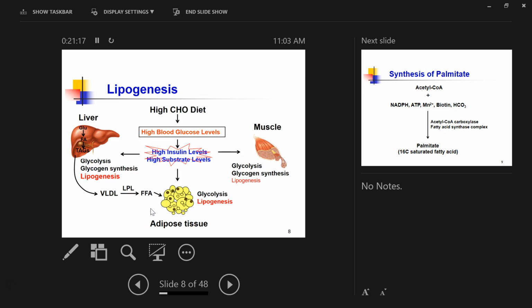So after a high carbohydrate meal, we have high insulin and glucose levels in the circulation, and I just wanted to remind you that this makes glycolysis and the glycogen synthesis pathway very active, to store glucose that cannot be used, in the liver and also in the muscle.